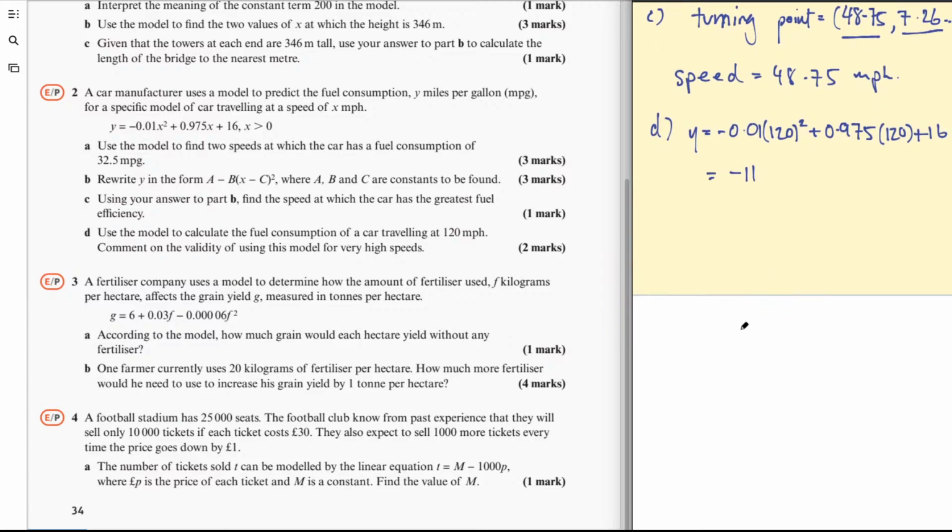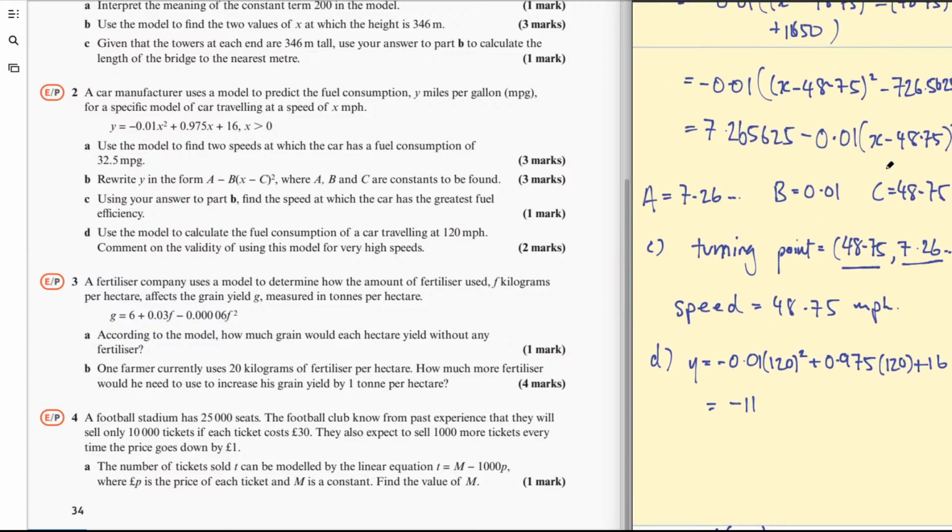Now I've confused myself. So if this is a negative quadratic, the turning point would be a maximum. So the y-axis was fuel consumption, in miles per gallon. And the x-axis was the speed. So was that maximum fuel consumption. Okay, now I'm confused.